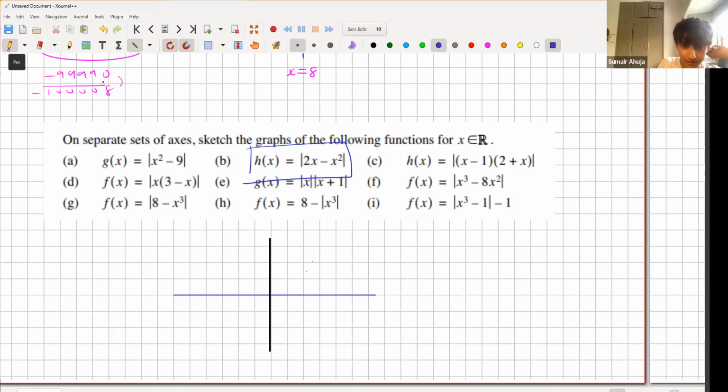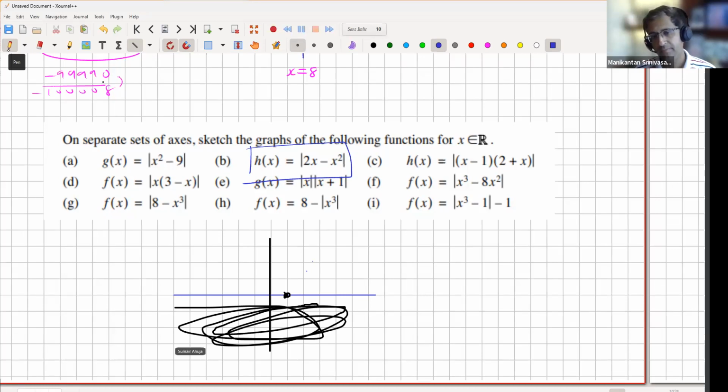Okay, so let's just say this is 2. So the input can never be negative, obviously. Why cannot the input be negative? The output, like y, can't be in this region, right? It cannot be below the x-axis.